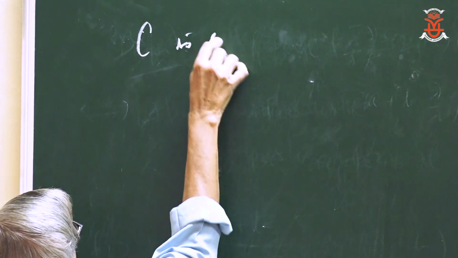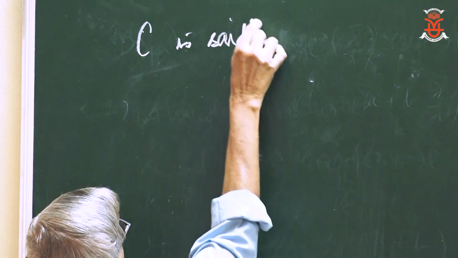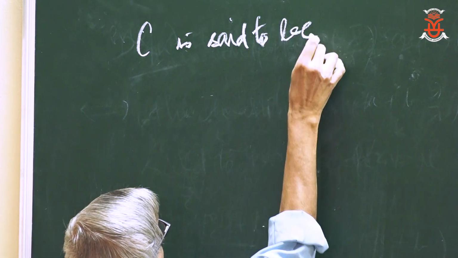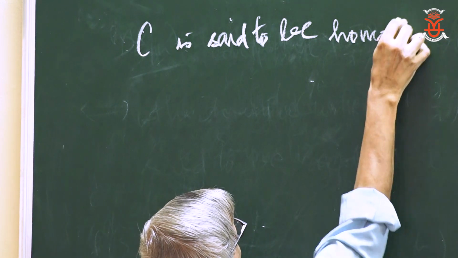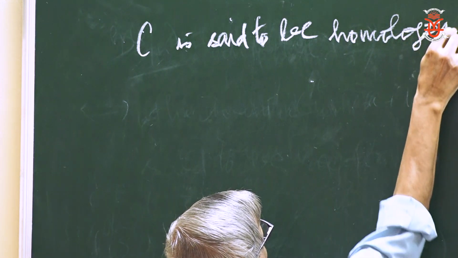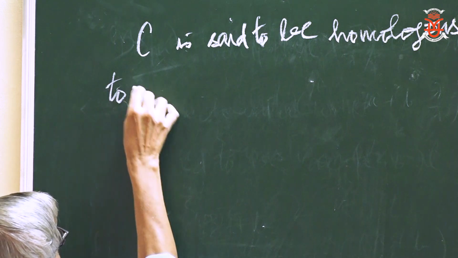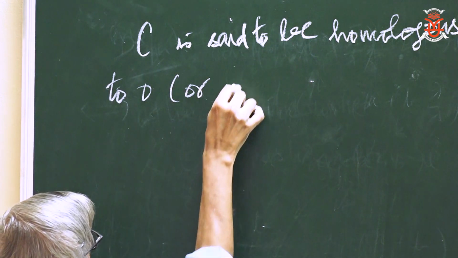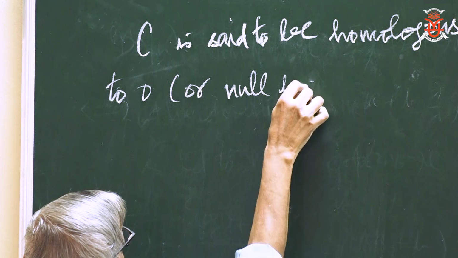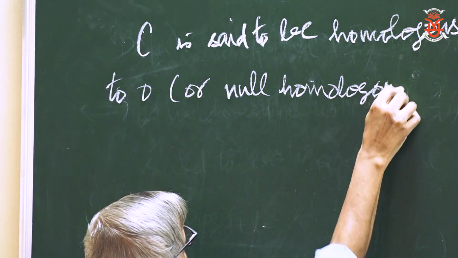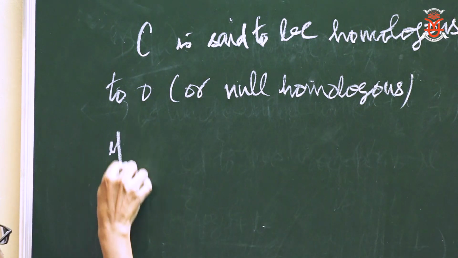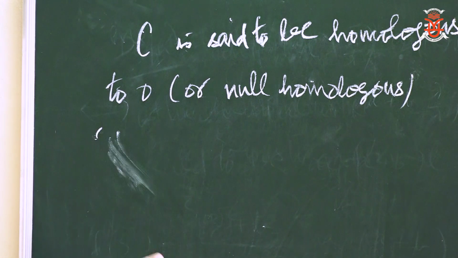C is said to be null homologous, of course, with respect to the domain omega, right?